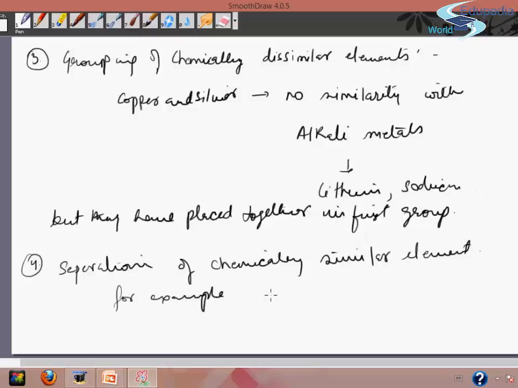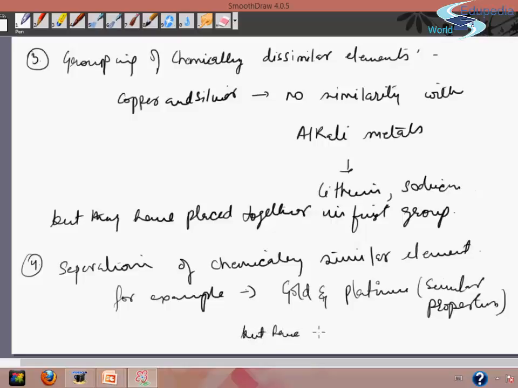Let's write down: gold and platinum have similar properties but have been placed in different groups, right?